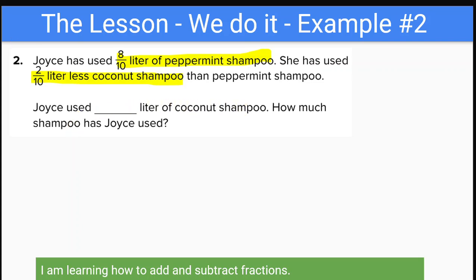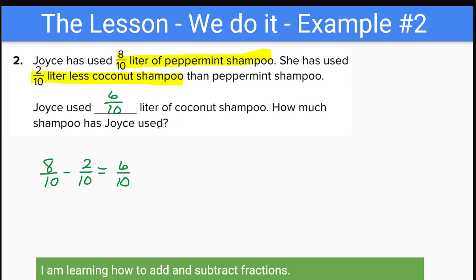Well, we know it's going to be 8/10 for the peppermint, but she used 2/10 of a liter less than that for the coconut. 8/10 take away 2/10 is 6/10. So Joyce used 6/10 of a liter of coconut shampoo.